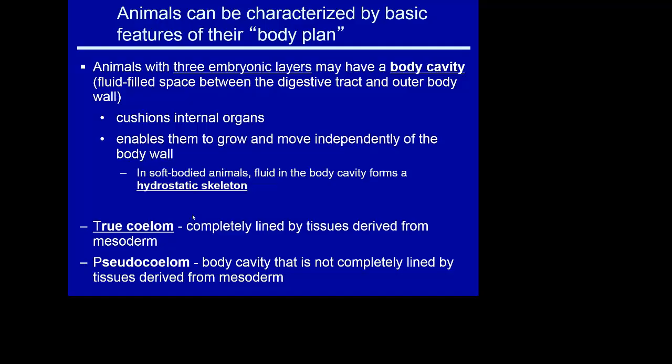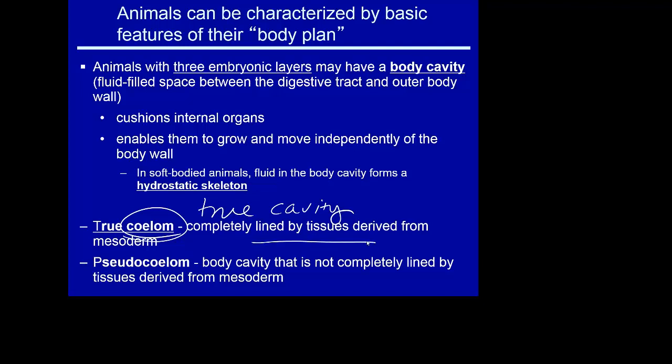Now, when we look at this development, we look at this folding in of these embryonic layers, this folding in of the blastopore, providing space and structure for internal organs to develop. And we develop something known as a coelom. We've talked about this before as being a true cavity. So this coelom, or cavity, is an open space. A true coelom is lined by tissues.